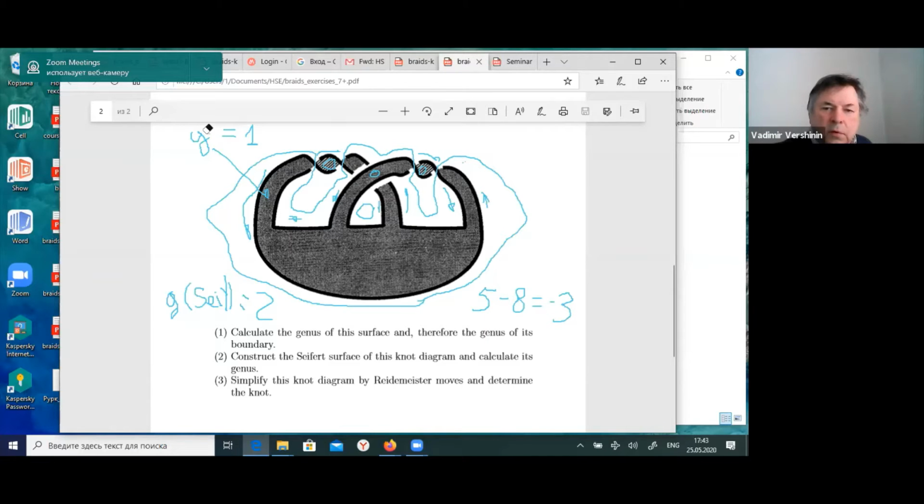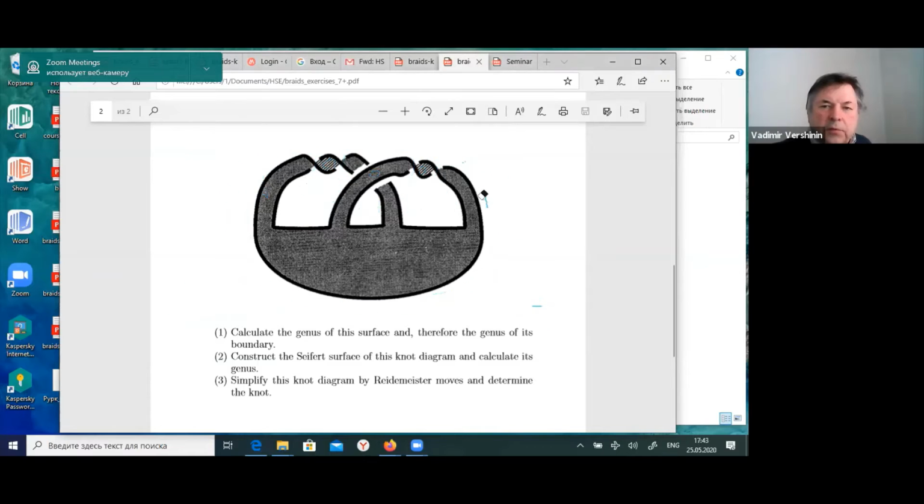Consider now, please, that this is a knot, and let us apply Reidemeister moves to this knot diagram.